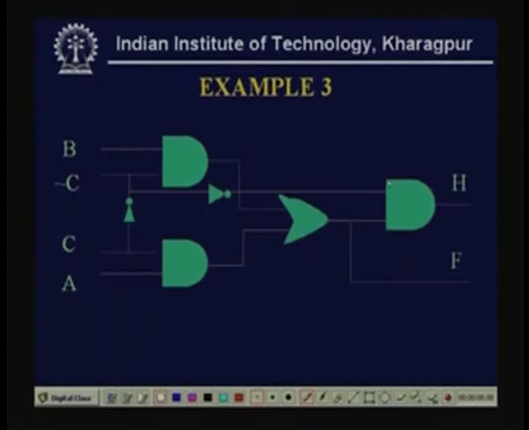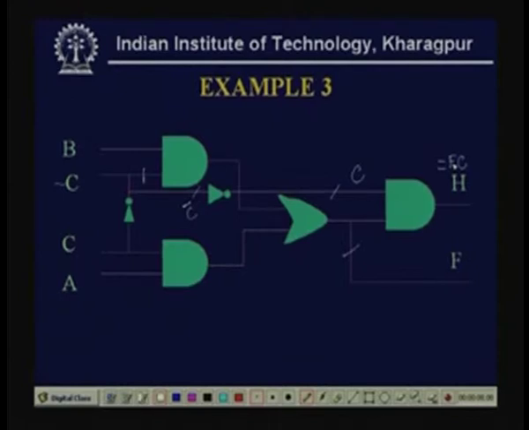This OR gate is nothing but our previous example, giving F. Now, I have included another inverter, whose input is C bar, so the input is actually C, and another AND gate is included. So, this is FC.